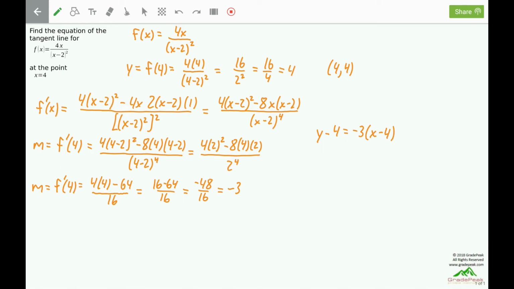We want to put this in the slope-intercept form, which means solve for y. That's how it's usually found for the equation of the tangent line. And that's done by distributing the negative 3 in. That'll give us a negative 3x, and then a positive 12, and then adding 4 to both sides, and that'll be negative 3x plus 16. There's the equation of the tangent line to that function f of x at that point, x equals 4.